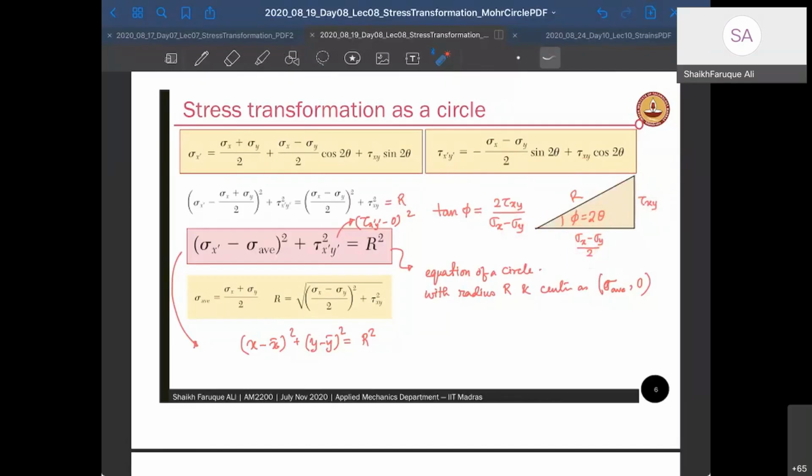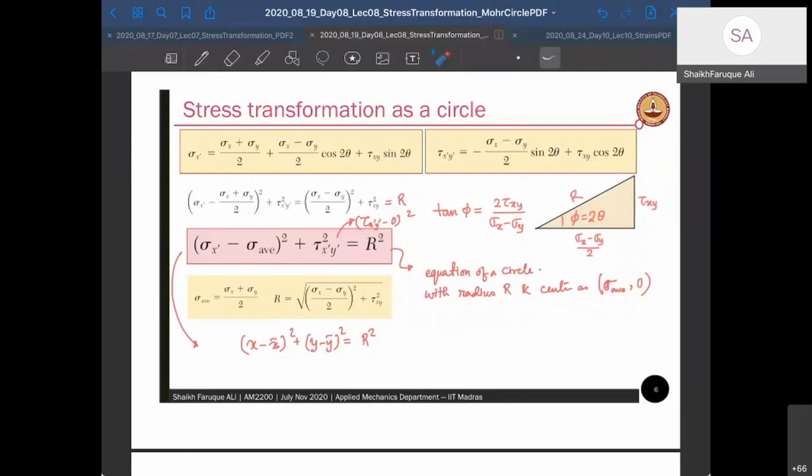You can also write this as the equation of a circle: sigma x dash minus sigma average, whole square, plus tau x'y' whole square equals r square. Its center is given by sigma average, comma 0. So shear stress is 0, and the normal stress axis is sigma average.